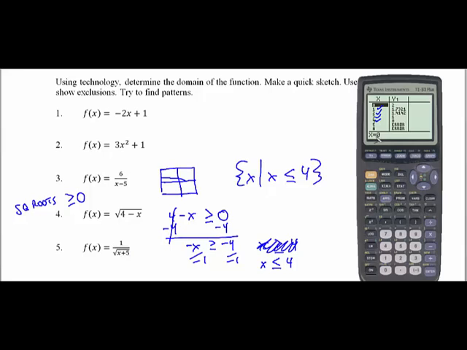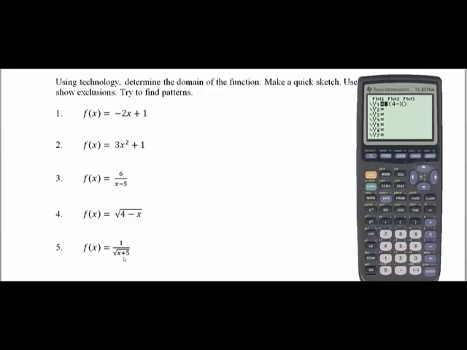So to remind ourselves here, because we're going to need to in problem number 3, denominators can't be 0 and square roots have to be greater than or equal to 0. So what would happen if I took the combination of that? What if I took, for my last problem here, a denominator that had a square root?